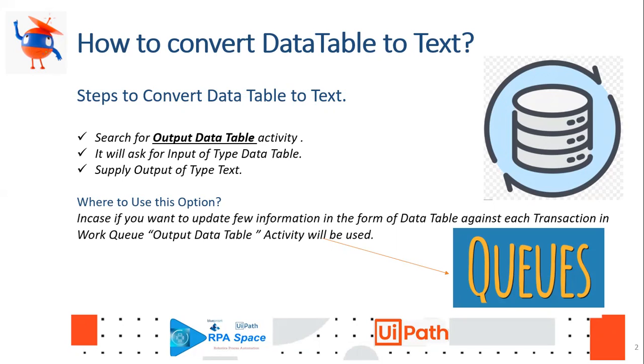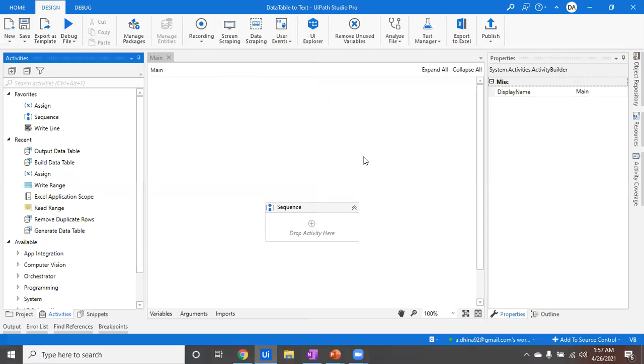So for example, if you want to pass a data table as a status or as information against each transaction item, you can use this option. Without delay, we'll jump to UiPath and see how that's going to be performed, right?